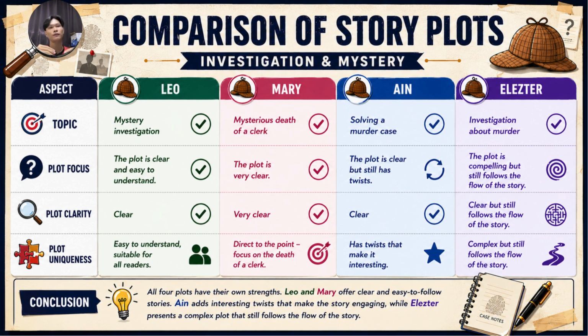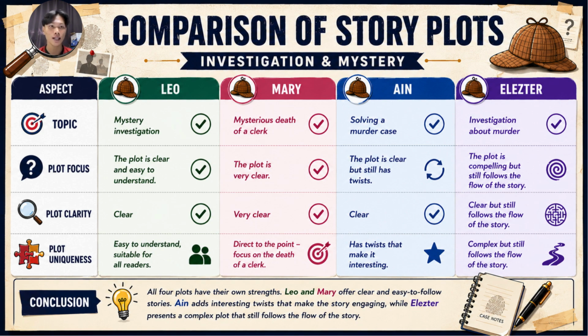Mary also believes the story is very clear because it focuses directly on the mysterious death of Cadogan West. I agree the plot is clear but say it included several twists that make it more exciting. Meanwhile, Alistair thinks the plot is more complex but it still follows the story logically.